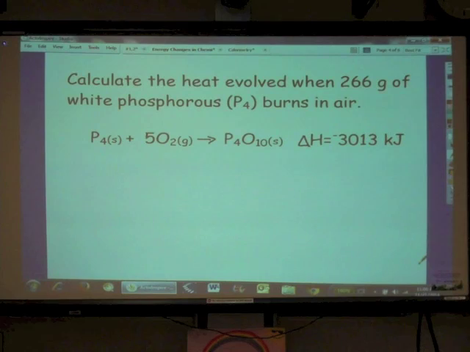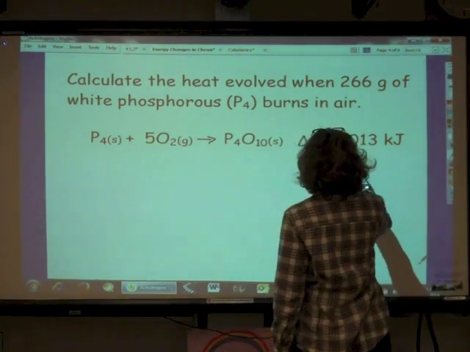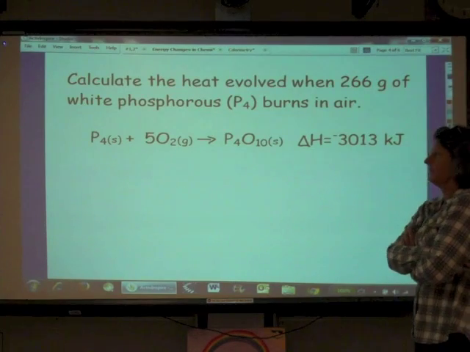So looking at that delta H, is this an endothermic or an exothermic reaction? This is an exothermic reaction. How do I know that? Because the sign of delta H is negative.